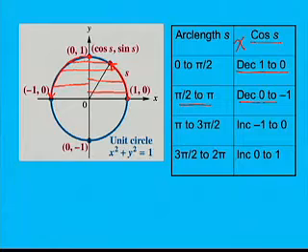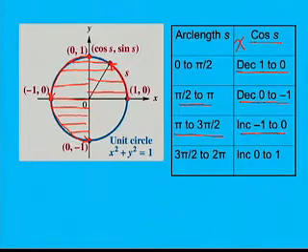So it is decreasing from 0 to -1. What about from pi to 3 pi over 2, which is this section? In this case, the x value starts at -1, and it is increasing to 0. And in quadrant 4, that is this section, 3 pi over 2 to 2 pi, the x value increases from 0 all the way to 1.